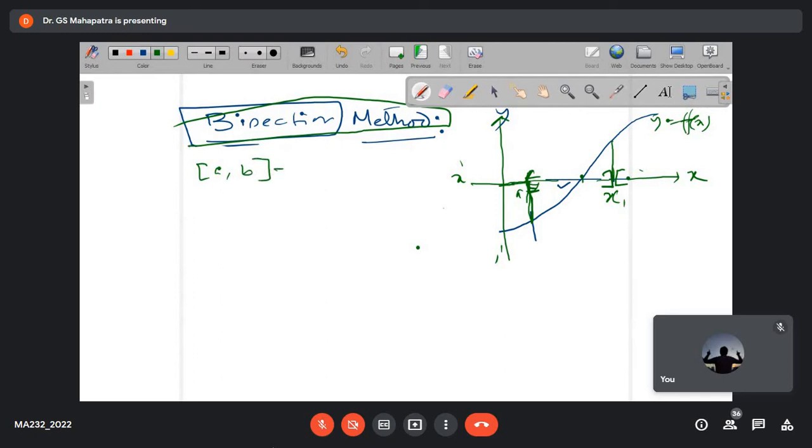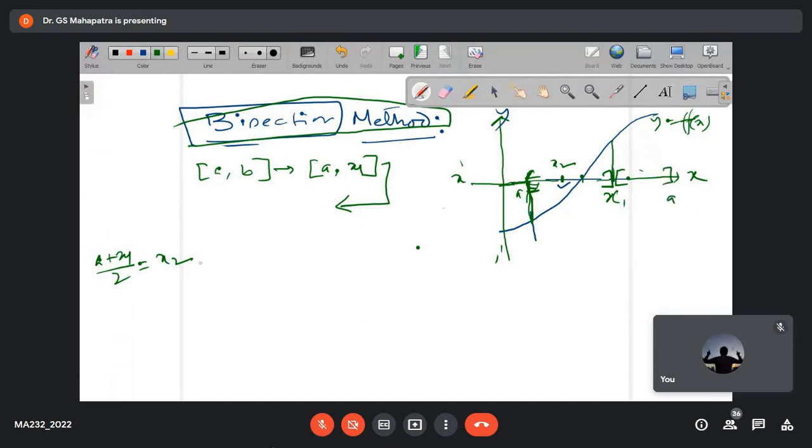Now the root is not shifting, actually; the interval is shifting from a comma b to x1. Now you consider a plus x1 by 2, which bisects the length a to x1. Let us consider this is x2.